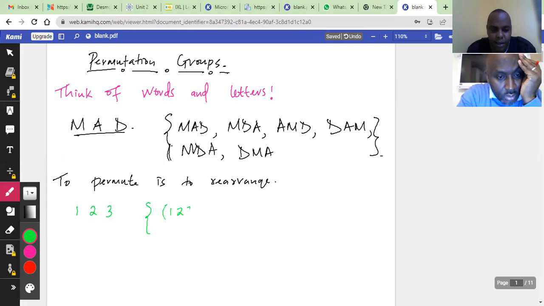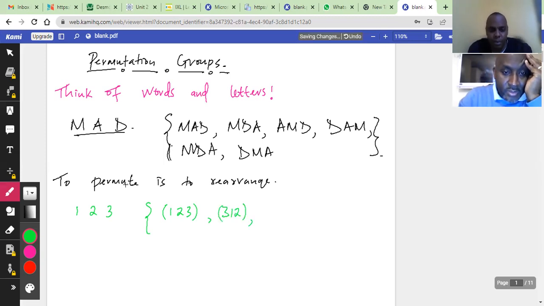You could decide to flip them and form something like 3, 1, 2.